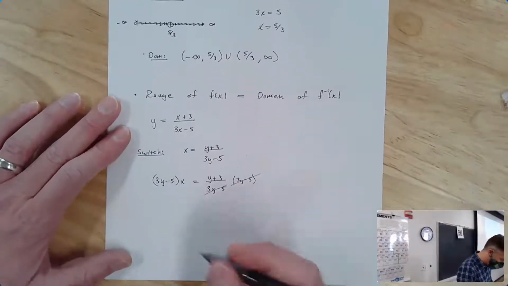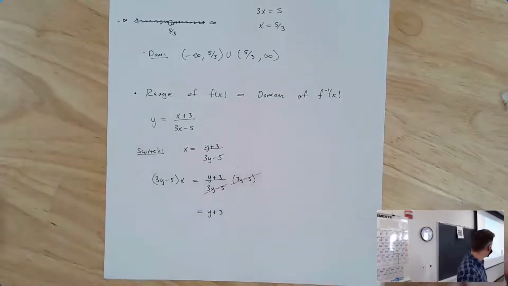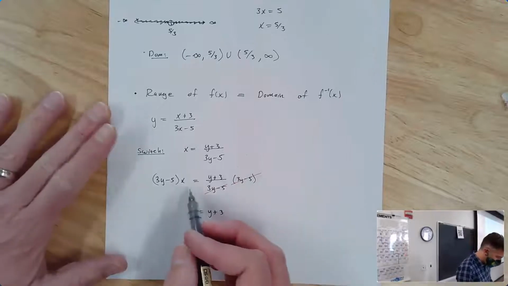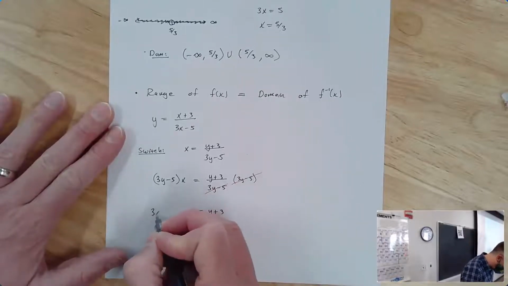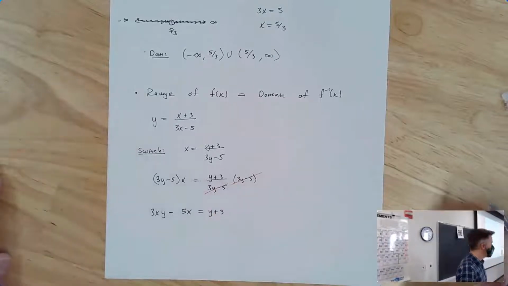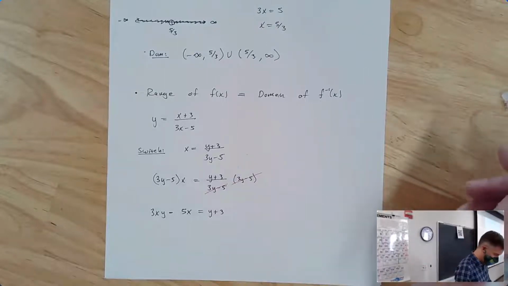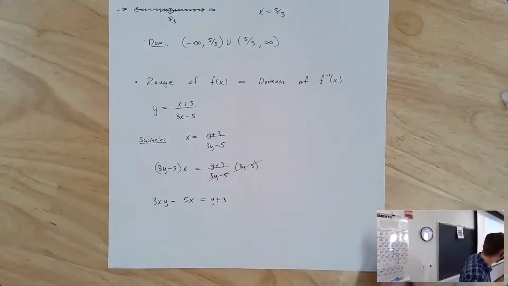Then we've got y plus 3 on the right, and we really need to distribute the x on the left. We really need to write that as 3xy minus 5x. You can write it as 3yx, but typically people write things in alphabetical order when you've got variables with different letter names. Okay.